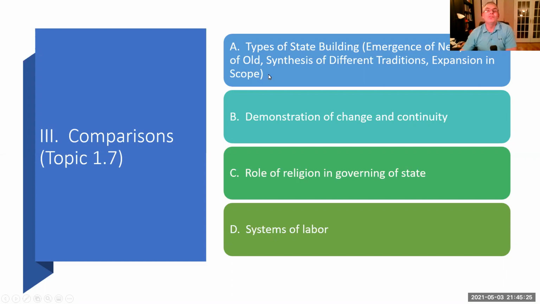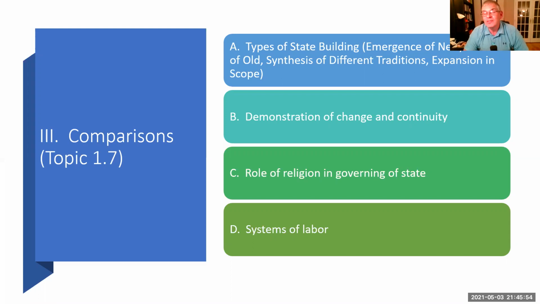Some are revivals of old empires, such as the Song Dynasty. Some are synthesis of different traditions. In other words, for example, the Ghana Empire evolves into the Mali Empire, which is bringing together the Muslim traditions along with the local traditions. But all of them are expanding in scope. In other words, they're reaching more people between 1200 and 1450.